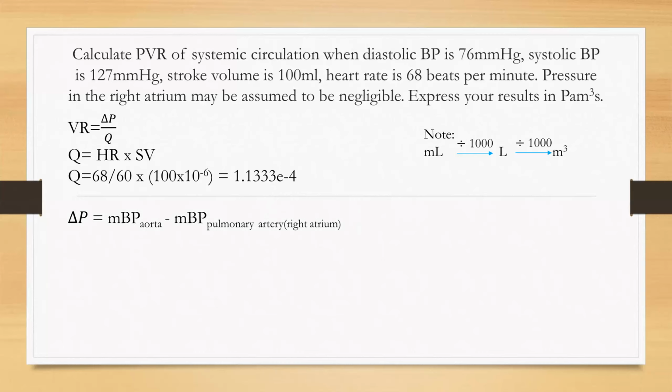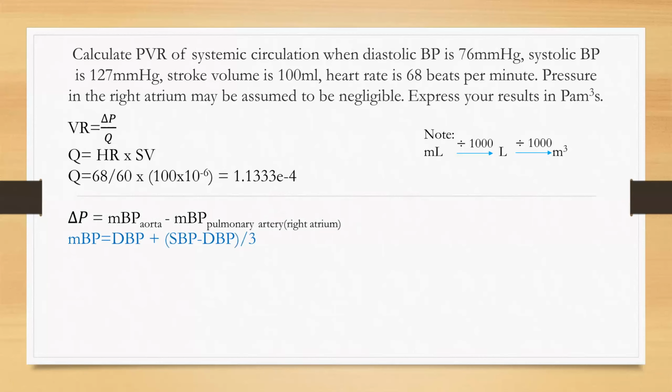So this is how you find the pressure difference, which would be the mean blood pressure in the aorta minus the mean blood pressure in the pulmonary artery, which is the right atrium. Now, mean blood pressure is diastolic blood pressure plus systolic minus diastolic divided by 3. This is important because we have two values of pressure, so we need to arrive at some middle value.